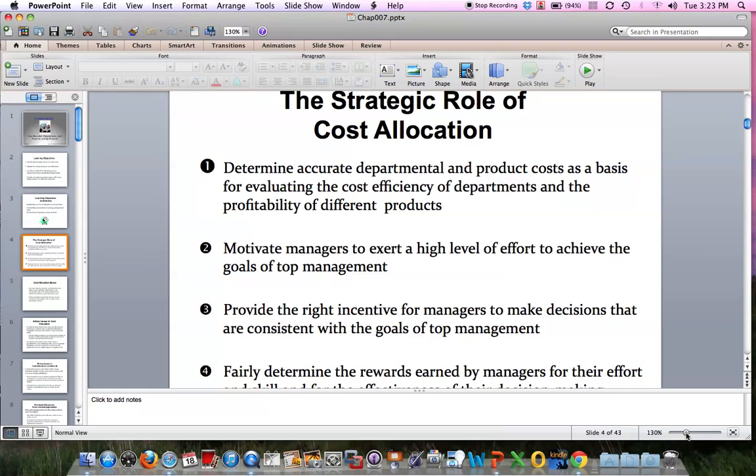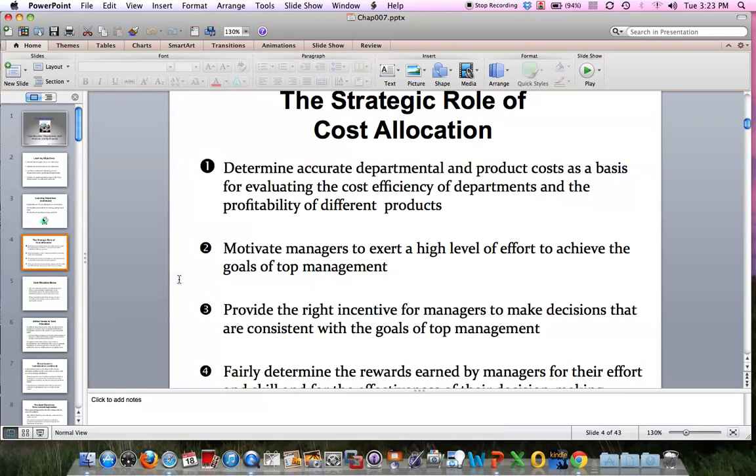The second role when it comes to strategy and allocation is to motivate managers, hopefully to give them achievable goals that will help maximize their effort and give them goals to achieve in terms of cost management, cost strategy, proper pricing, and so on. Item 3, provide the right incentives to make decisions consistent with goals of management, right?